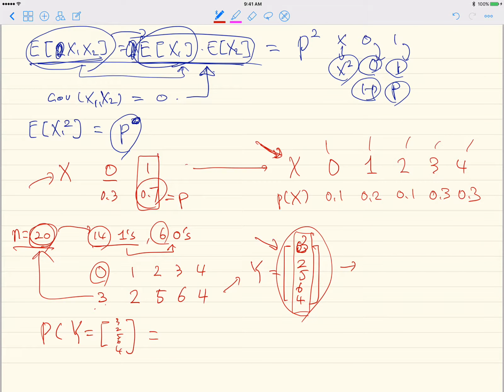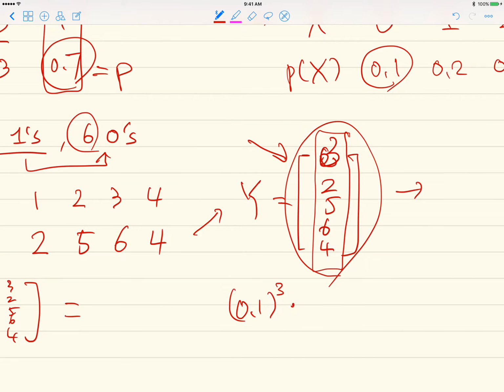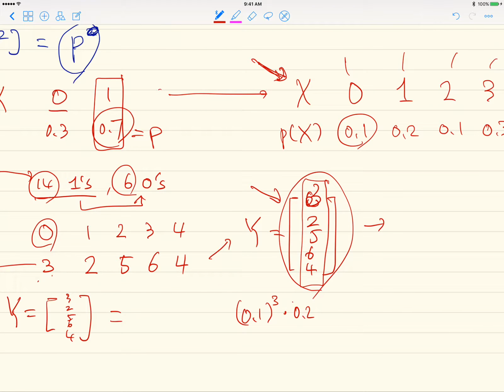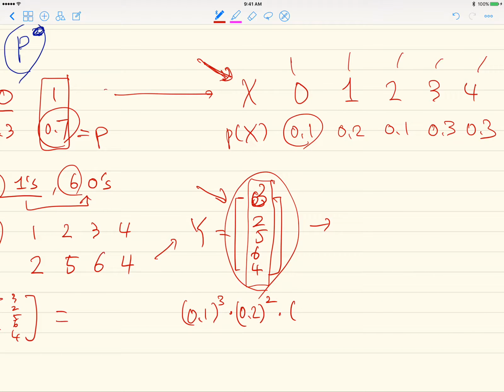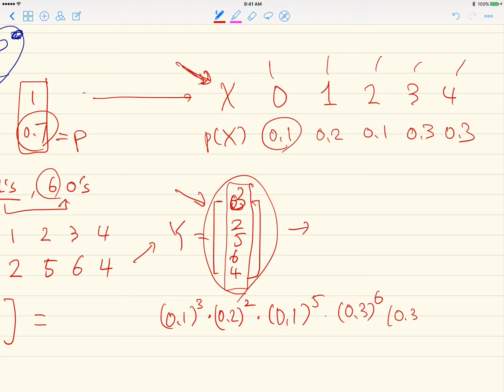We see 3 zeros, and the probability of seeing 0 in one trial is just 0.1. So we multiply like this: then 0.2 to the power of 2, 0.1 to the power of 5, 0.3 to the power of 6, and 0.3 to the power of 4, right?